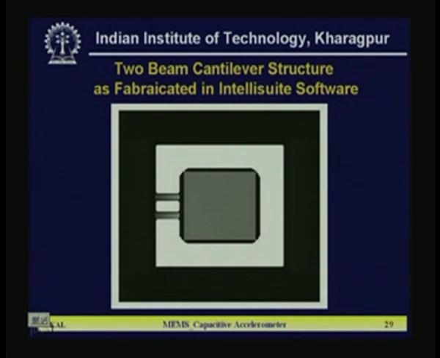Here one point I would like to mention is that this kind of structure has four corners. All four corners will be etched faster compared to the planes parallel to the length or the width.